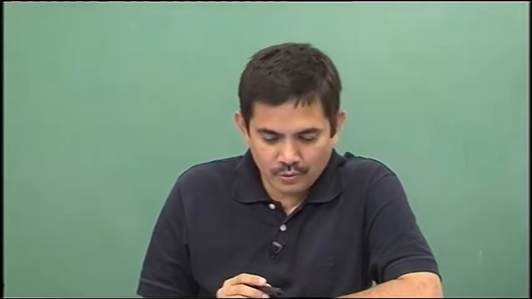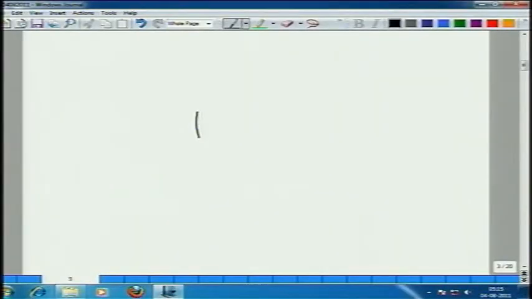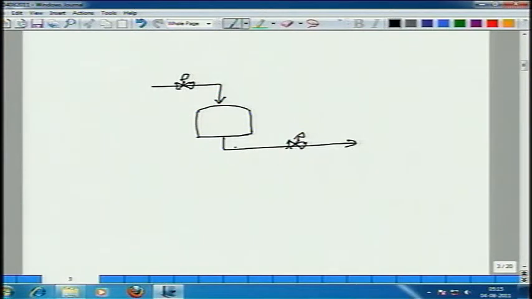Next point is, I want to throw something at you, food for thought. Start again with the tank. We can count the degrees of freedom. Degrees of freedom is 1. By default, I have always been doing this.